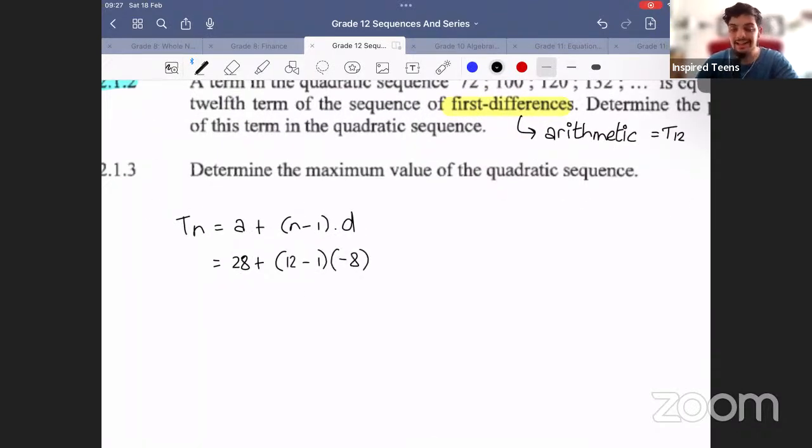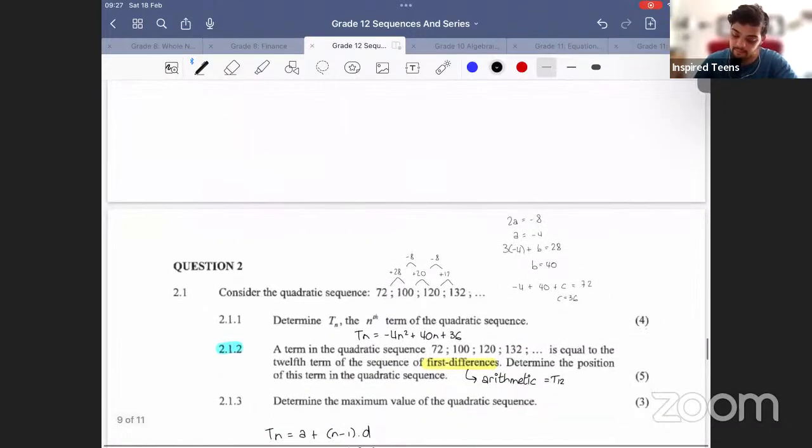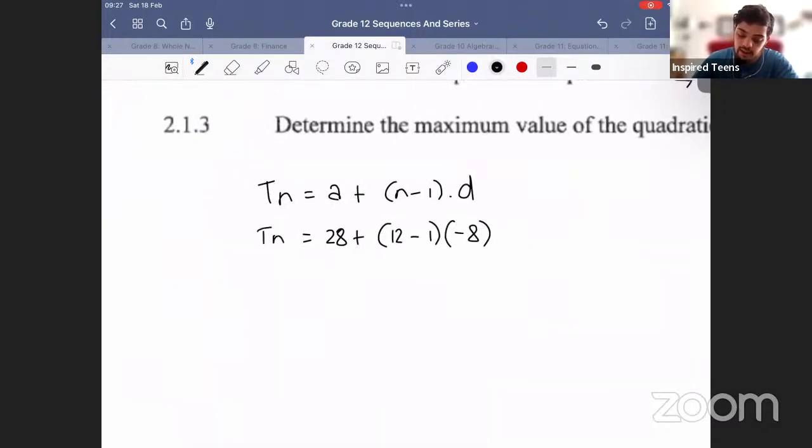The difference is actually negative 8. I get 28 plus 11 times negative 8, which is negative 88 plus 28. I get negative 60. So negative 60 is T12 of the arithmetic.